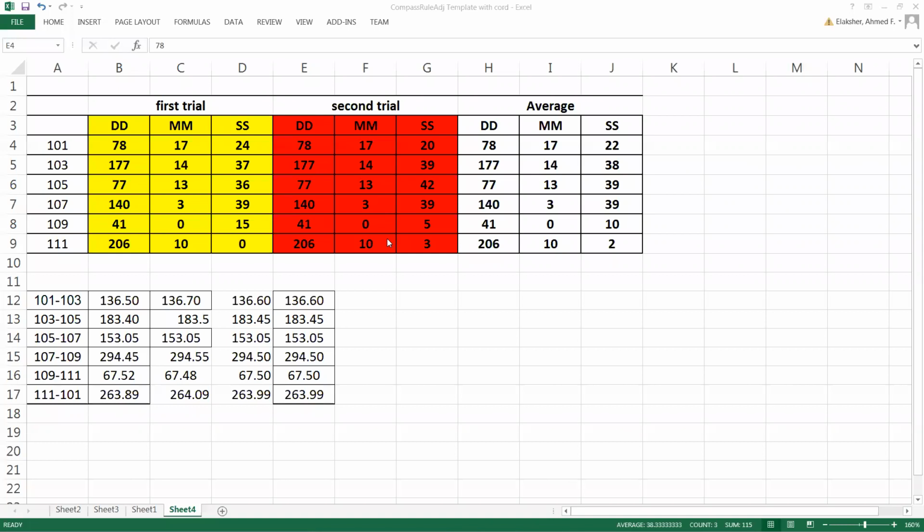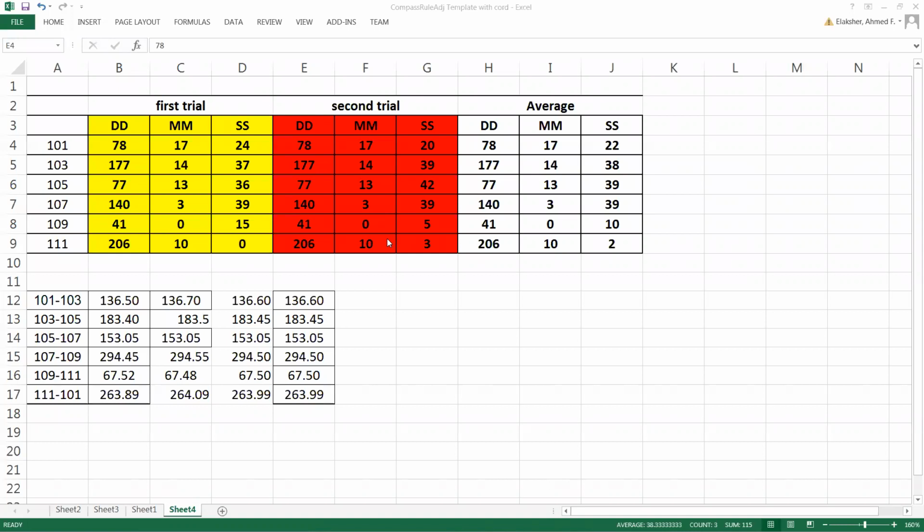Okay, so just going back, I am at 101 with my equipment on the point. Remember, on the point, I zero it at 103, got this angle, which is my 78, 17, 24.